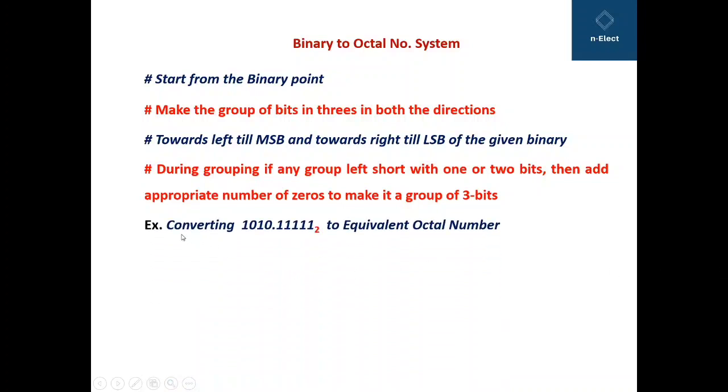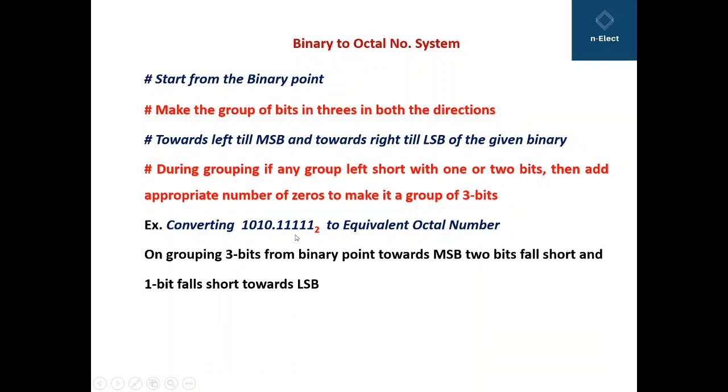Now one example is given, converting 1010.11111 binary to the equivalent octal number. In order to convert this, the procedure is the same: grouping 3 bits from the binary point towards MSB.